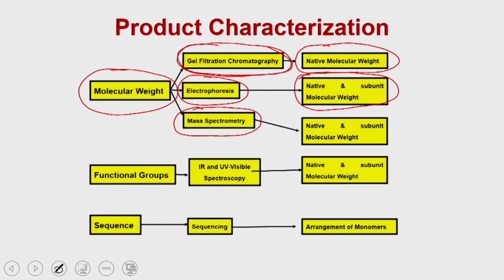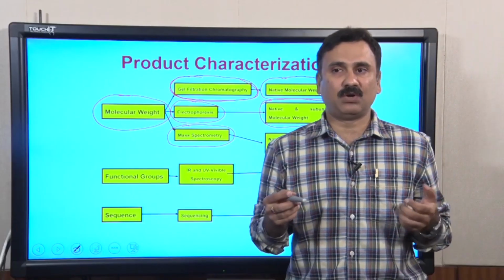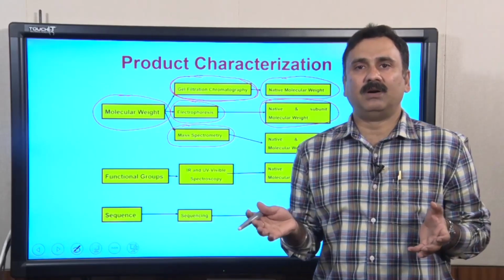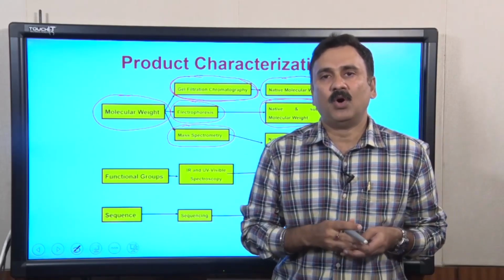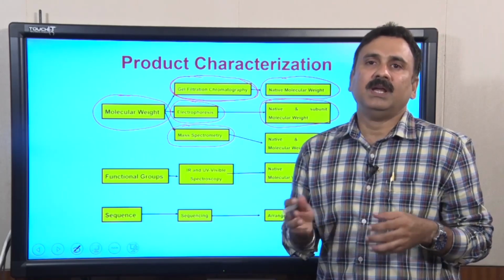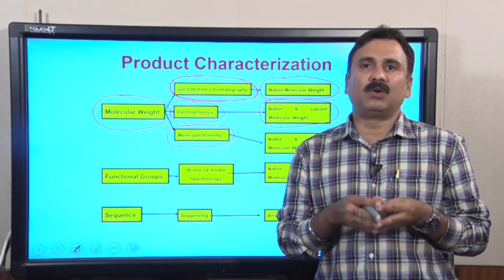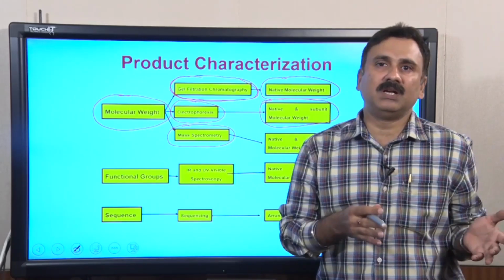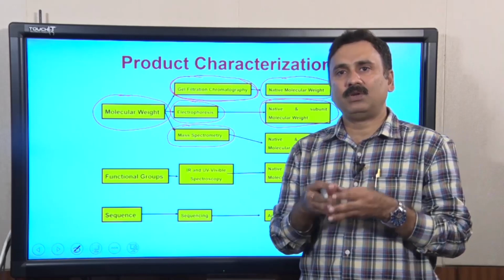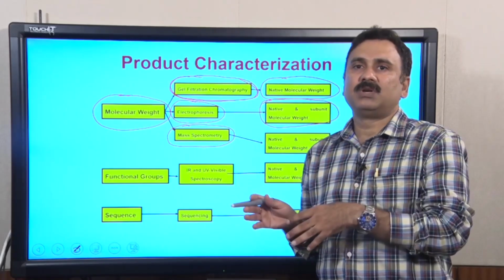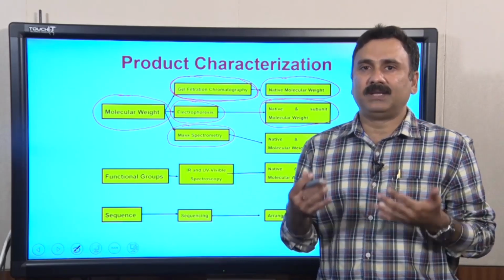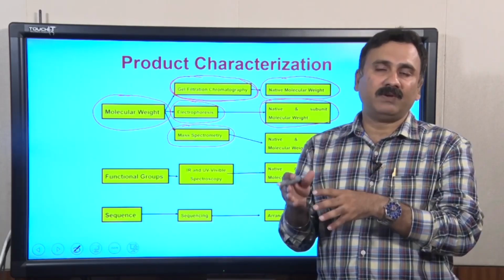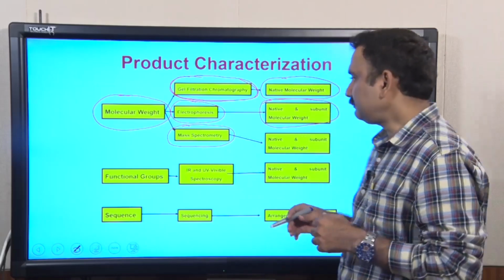molecular weight. For example, if you are working with a dimeric protein, the dimer could be a homodimer or a heterodimer. In those cases you can calculate the molecular weight under the native condition as well as under the denaturing conditions, and the molecular weight you get under the denaturing conditions will give you the subunit molecular weight, which means the molecular weight of the individual monomer.